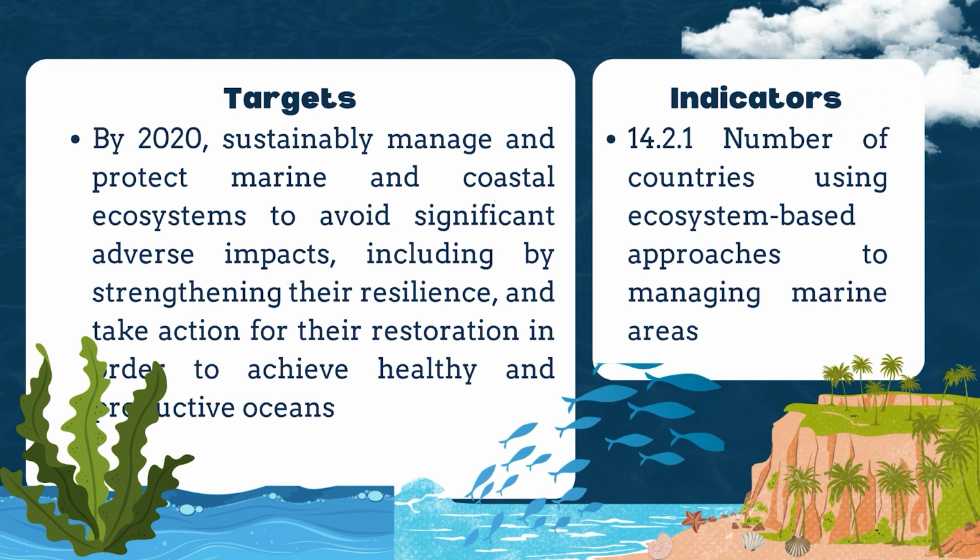The indicator to look at for this target 14.2 is the number of countries, because the ocean is an ecosystem, easily interlinked from one ocean to another. So we need to look at the number of countries using an ecosystem-based approach to managing marine areas.